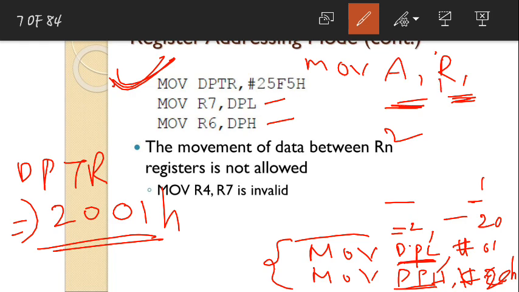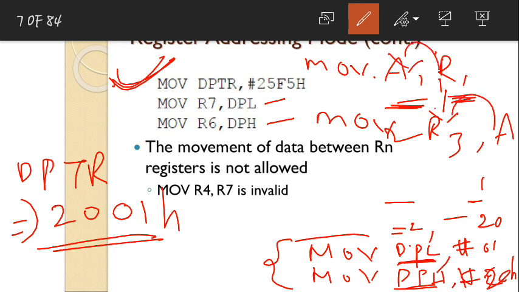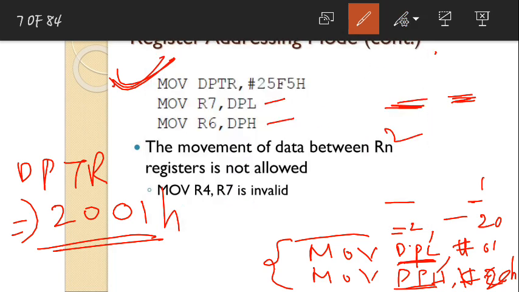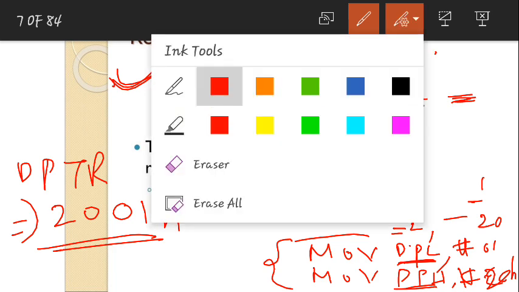So first you are moving this R1 into A, then you are writing MOV R3, A. Okay, are you understanding? To move the data from R1 to R3, you directly can't write MOV R1, R3. You are indirectly moving this data into A register, then you are moving from A to R3. So if you directly move, it will be invalid, you will get an error.